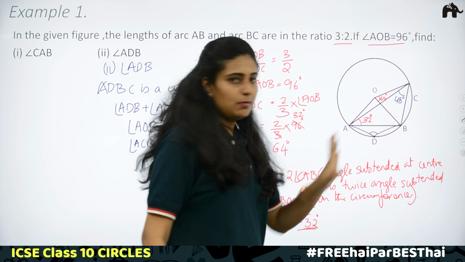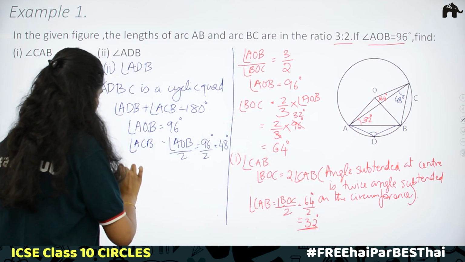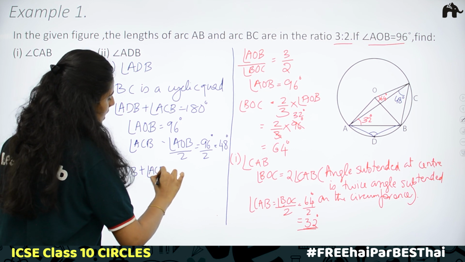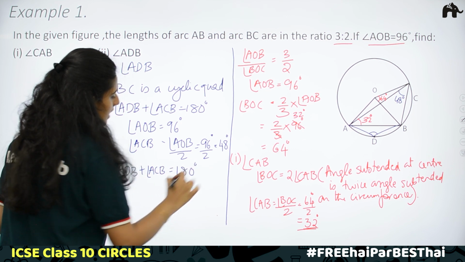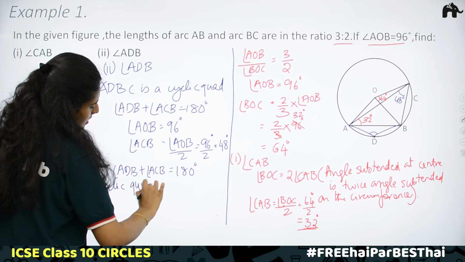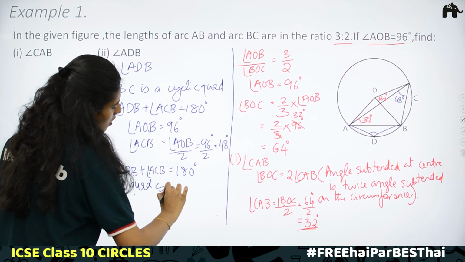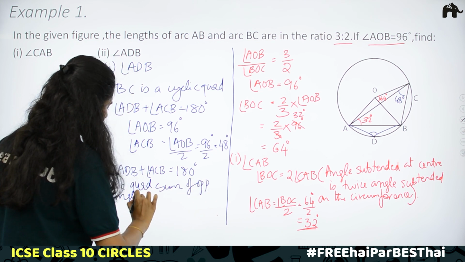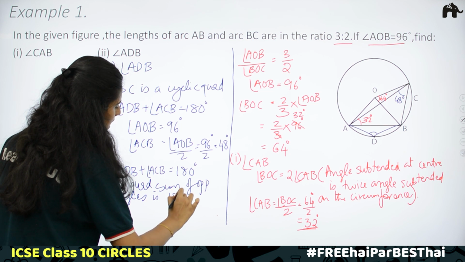Now we can find ADB, right? Angle ADB plus angle ACB will be equal to 180 degrees. Reason, cyclic quadrilateral, sum of opposite angles is 180 degrees.